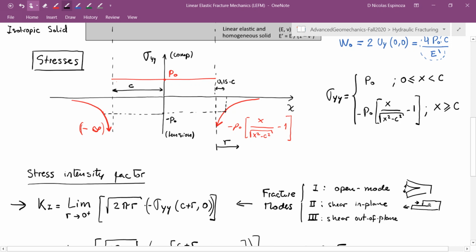And shear out of plane is a little bit more difficult to plot, but let me try anyway. It's something like this, where what I'm doing is, wait a minute, this always causes me trouble. So let me try again.